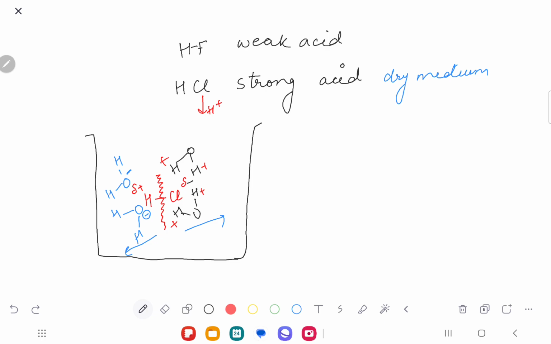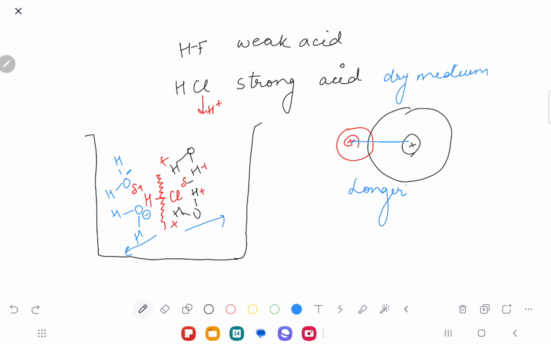Definitely. But H is a smaller atom, and Cl is a bigger atom. Because Cl is a bigger atom, this is a longer bond, the nucleus to nucleus distance is longer.